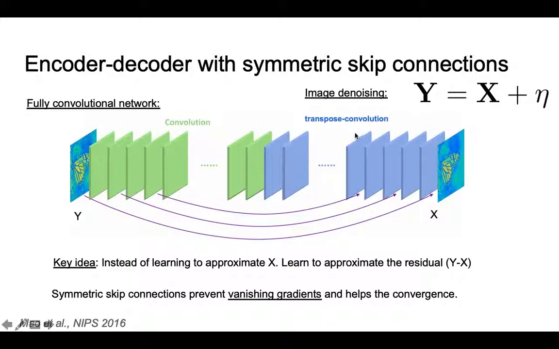And this transpose convolution is nothing but, in convolution, you pad some inputs and then apply a convolution. Transpose convolution is where, let's say you want to increase from 128 by 128 to 256.